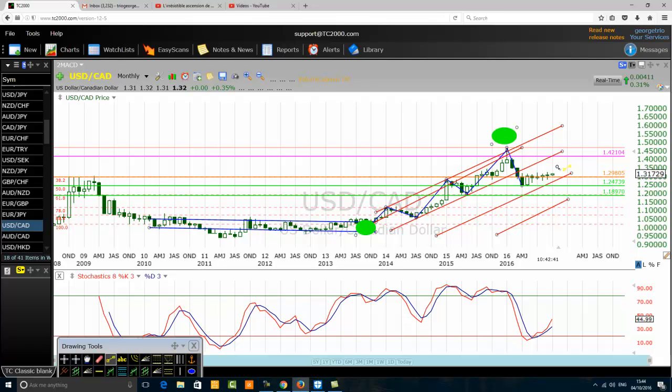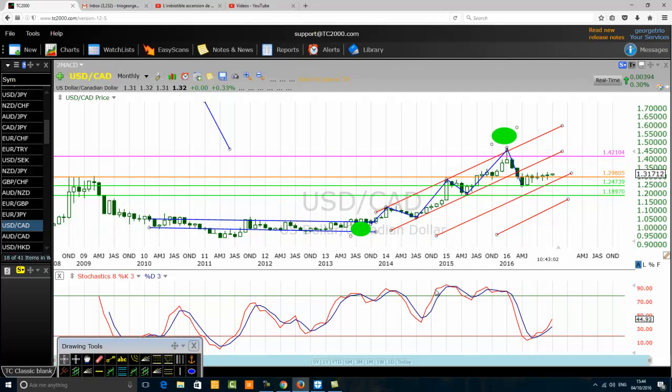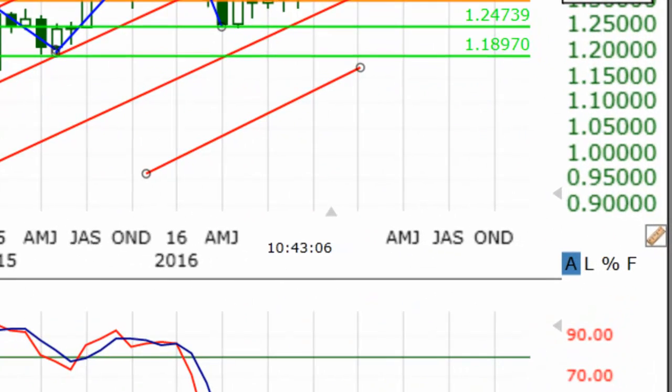All right. So according to the zigzag pattern, the B part of the zigzag pattern will also end in a zone of 50% and 61.8% Fibonacci retracement level of the A part of the zigzag pattern. So this is the A part of the zigzag pattern.